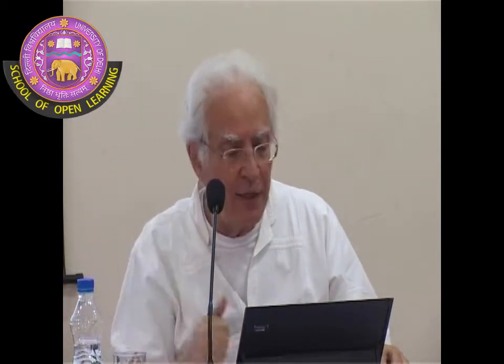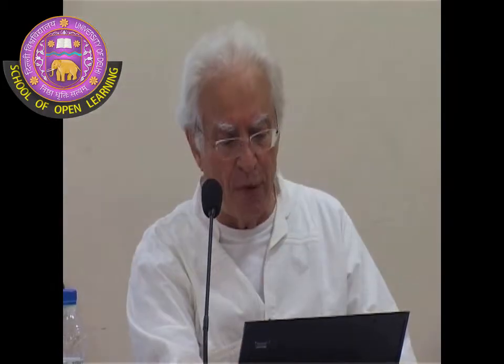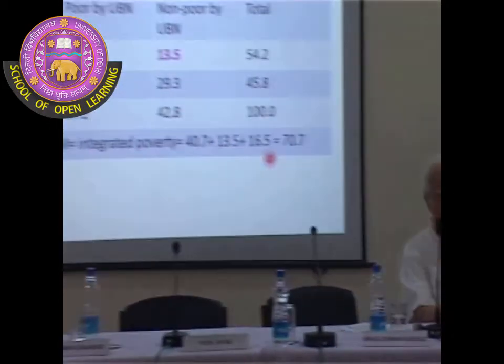And the other three, underlined with the red color, are poor. These are poor by both methods, and these two are poor by one of the methods only. So the poor by the original variant of IPM or integrated poverty would be the sum of 40.7, 13.5, 16.5.